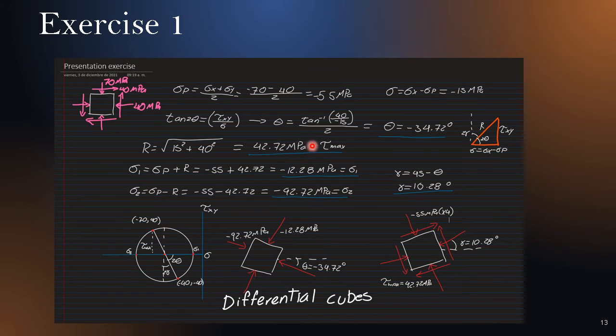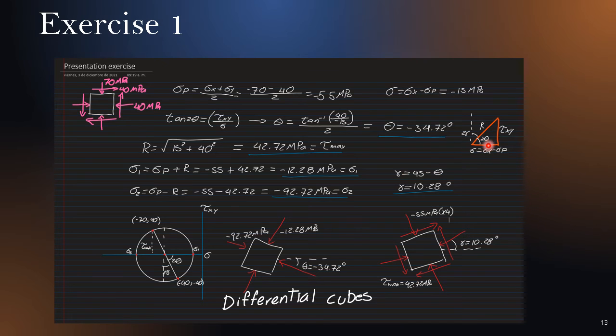Now, for exercise number 1, it's quite an easy exercise. We first need to know the normal average stress by adding both the stress in x and the stress in y and dividing them by 2. We now have that the average stress is minus 55 megapascals.